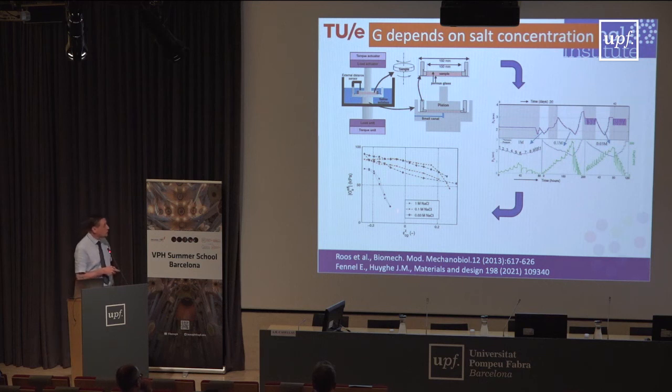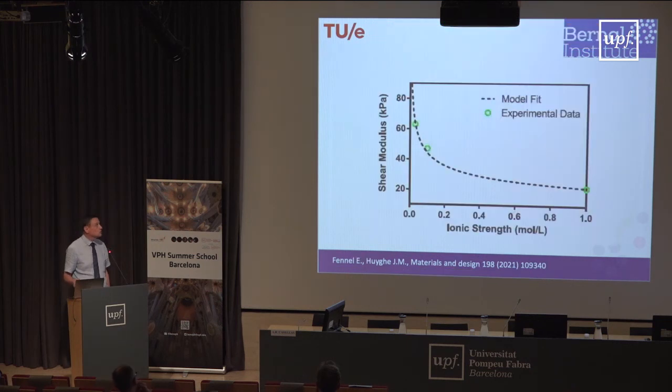And this kind of result has been found by us for gels, but by Alan Grodzinsky at MIT for cartilage. Here we have a dependence of stiffness on salt concentration. You see shear modulus plotted versus ionic strength, and you see quite significant changes in stiffness.